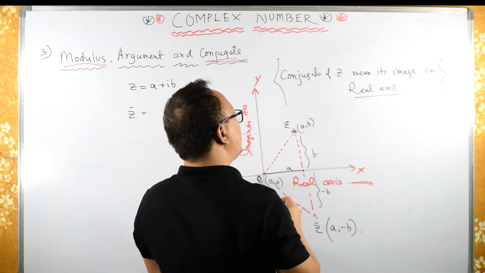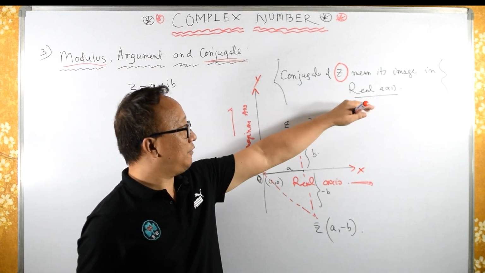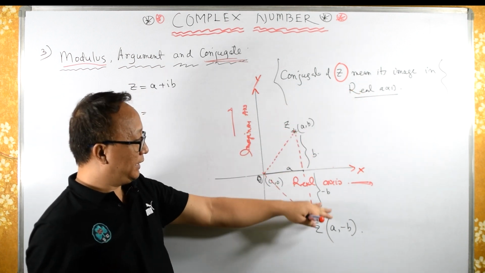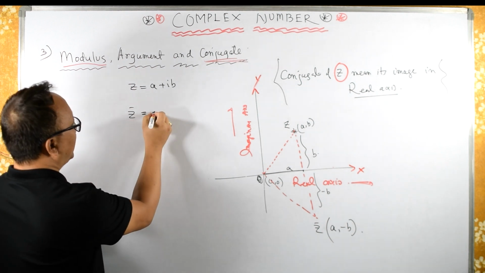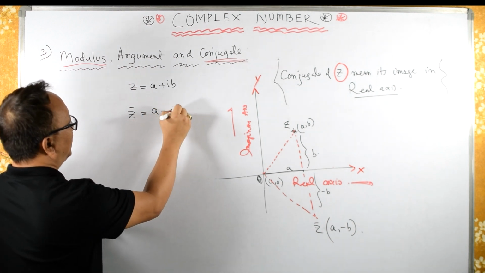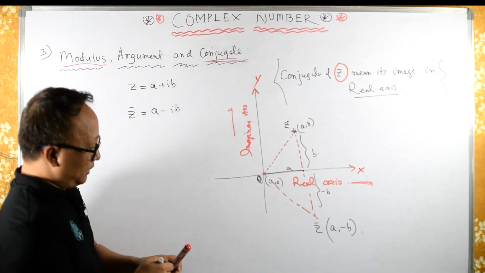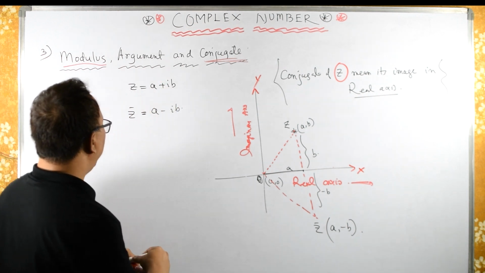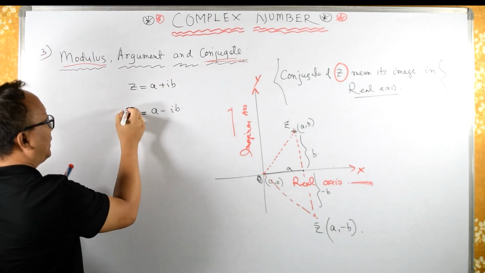The conjugate of any point is the image of that particular point in the real axis. So z bar can be written as a minus ib, which means you have to change the sign of the imaginary part. The conjugate is denoted by z bar.